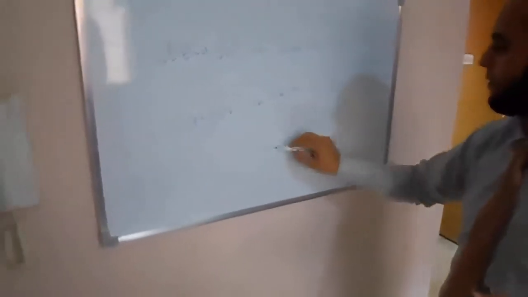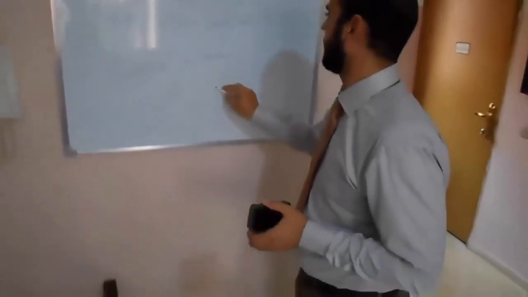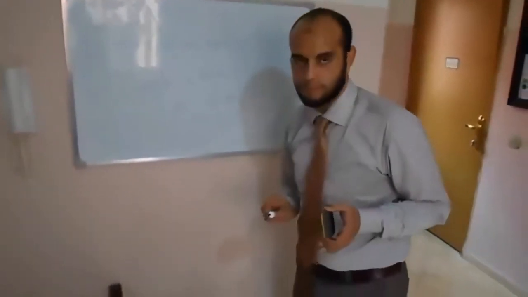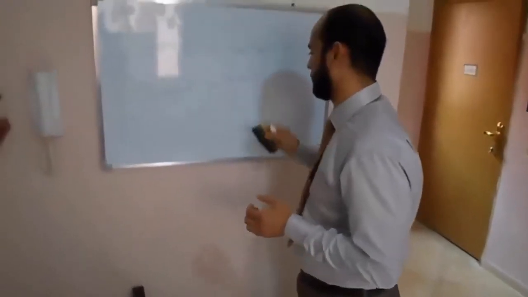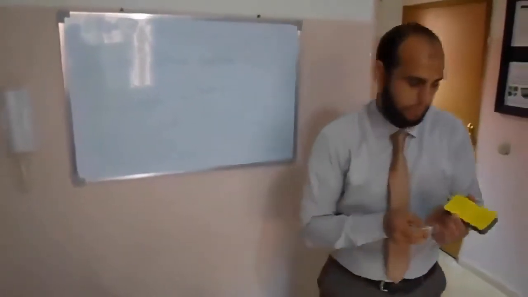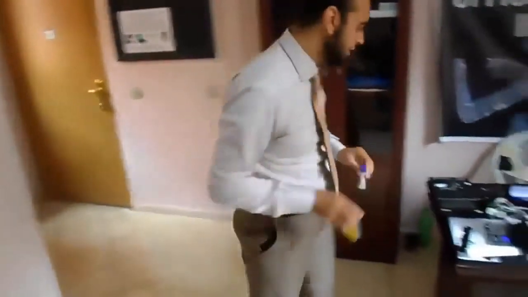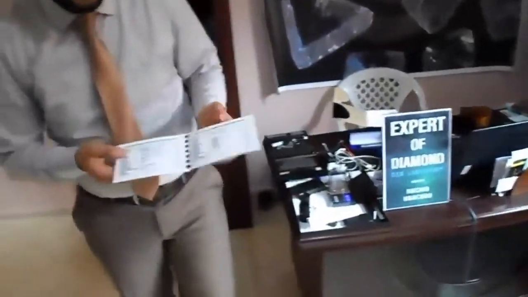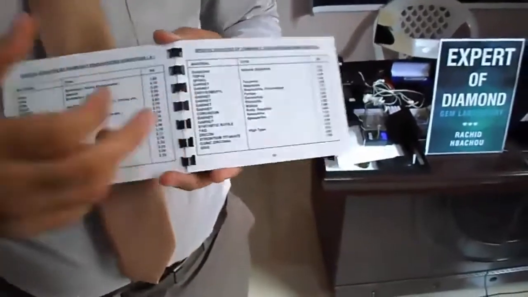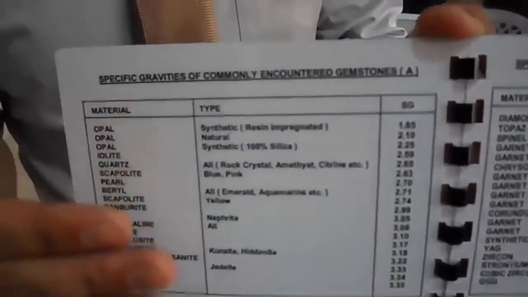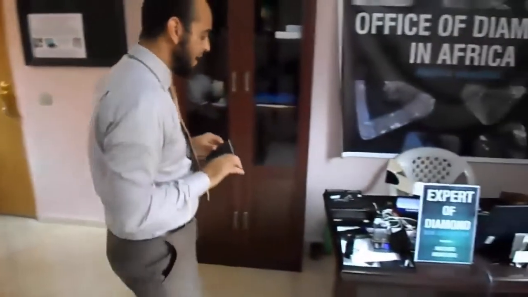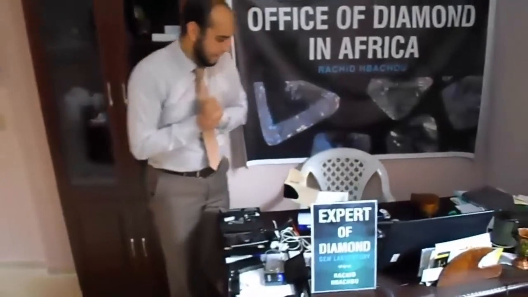So the specific gravity is the weight in the air divided by the weight in the water. We have this book, where you can find the specific gravity of many minerals or gemstones, and we compare the value that we get with this value, and then you can classify the mineral.